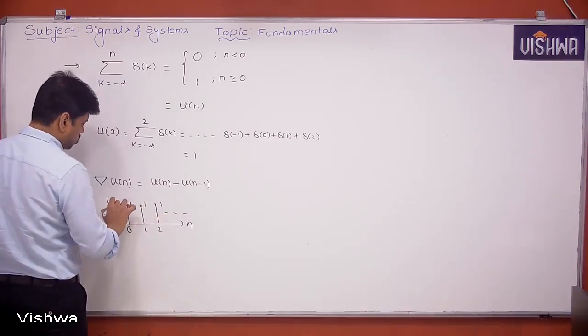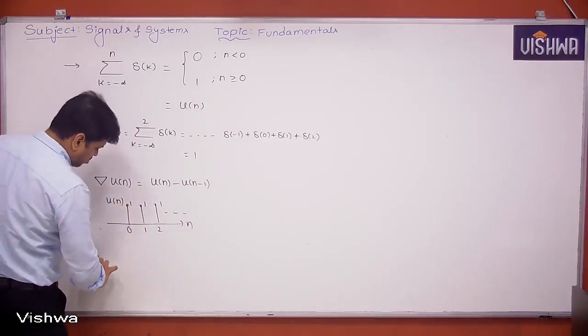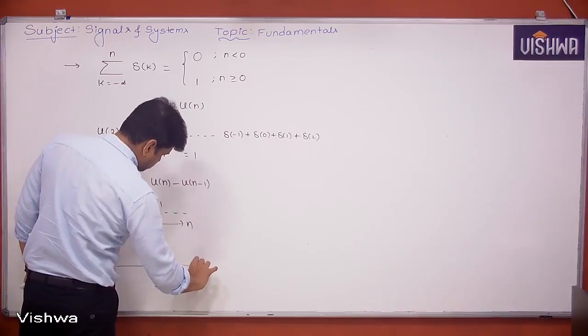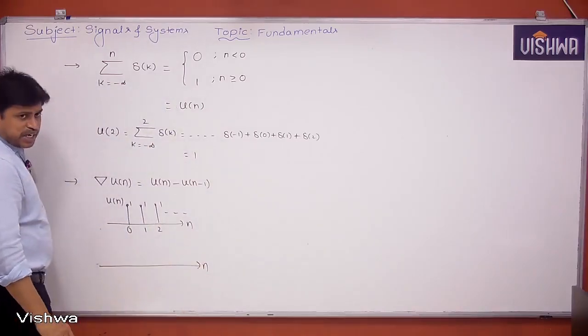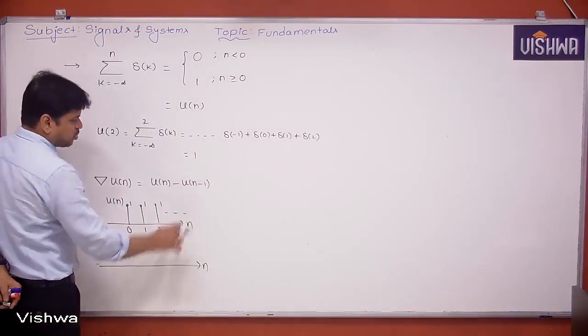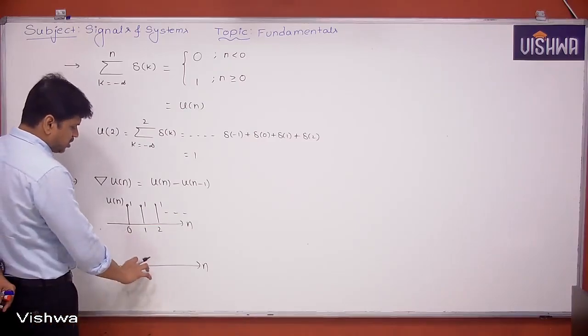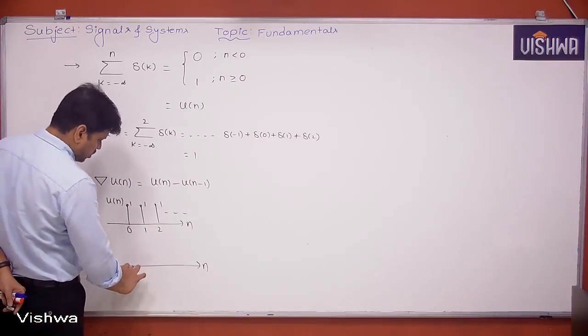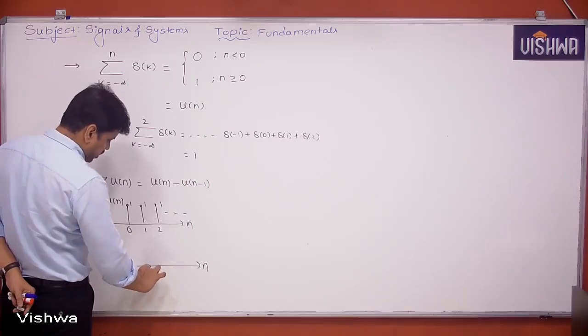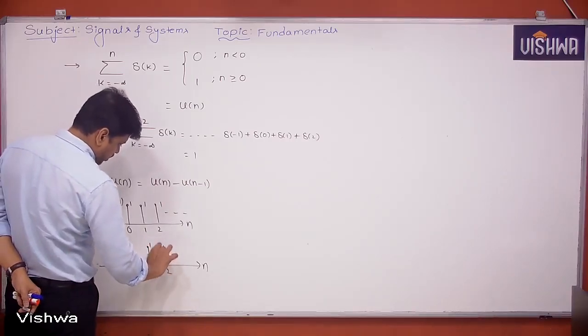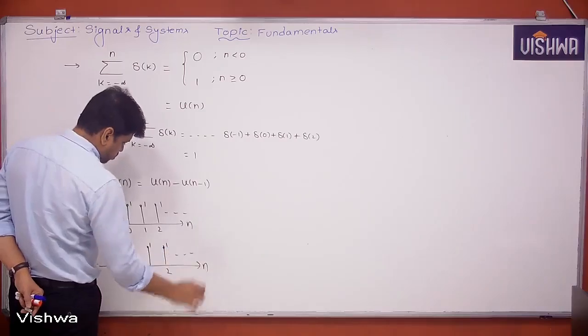So this is u of n. I have to subtract u of n minus 1. First we have to understand what u of n minus 1 means. It starts not from 0, it starts from 1. So at 0, its value is 0. At 1, its value is 1. At 2, again its value is 1. And so on it will go.